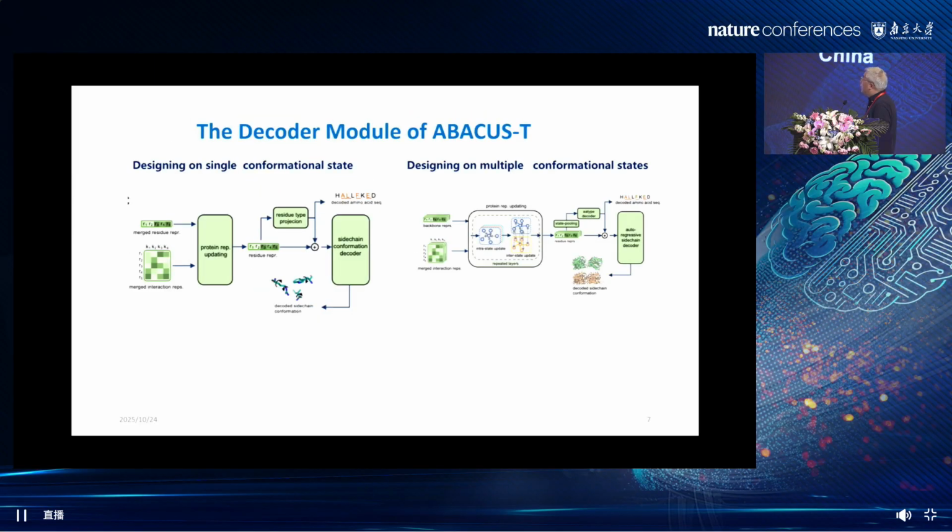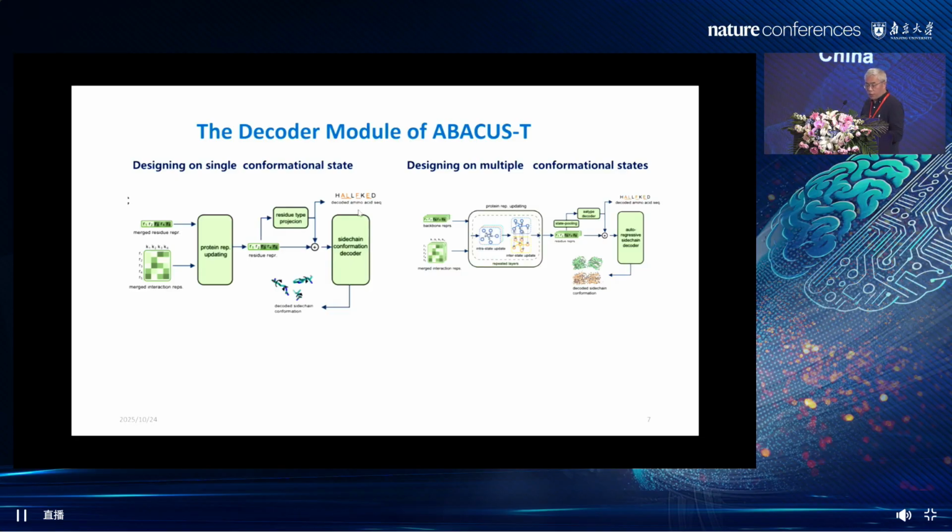And for the decoder module of Abacus-T, we allow the model to use either multiple input or a single conformational state. So here we need to translate the encoded backbone, including ligand structures, with the updating networks and projections into residue types.